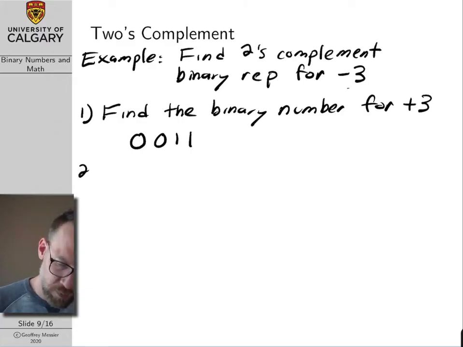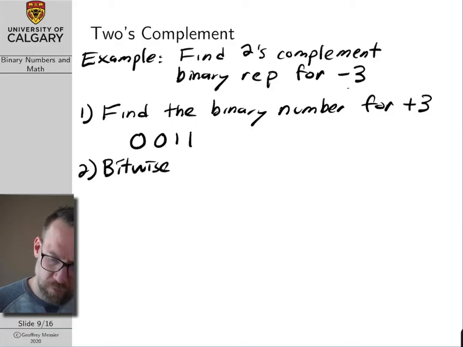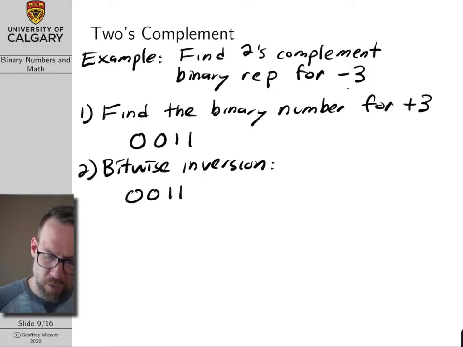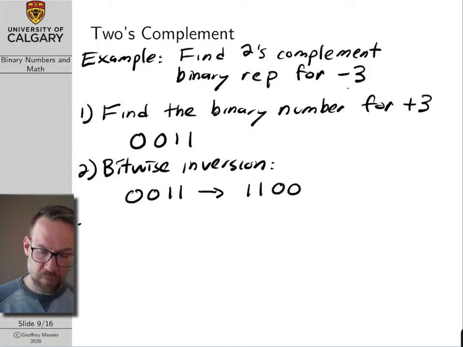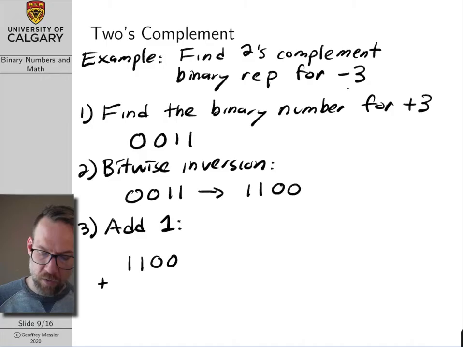Step 2, bitwise inversion. So 0, 0, 1, 1 is transformed to 1, 1, 0, 0. And then step 3 is add 1.